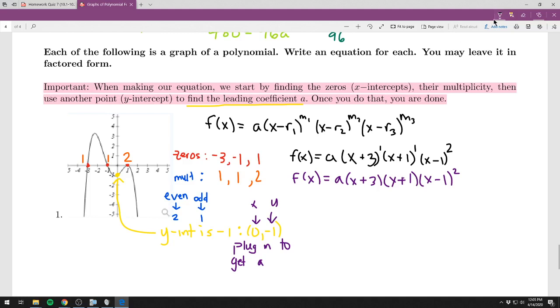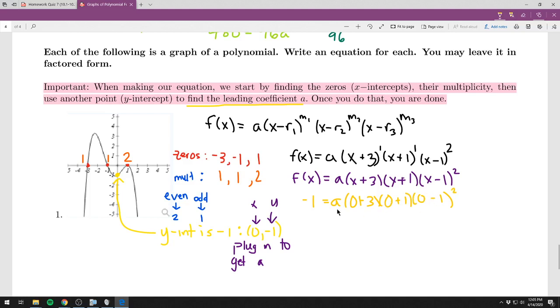Let's go ahead and do that. Plug it in. Y is -1. Plug in a. We want to plug in 0 for x. Don't do this too quickly. Just take your time with it.